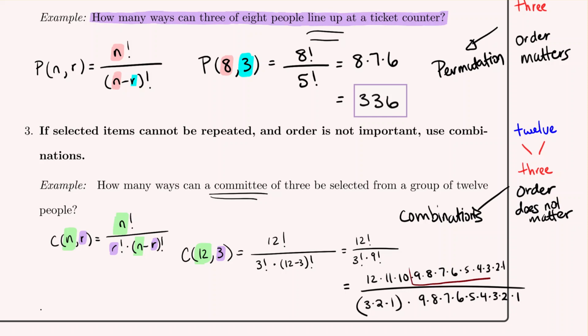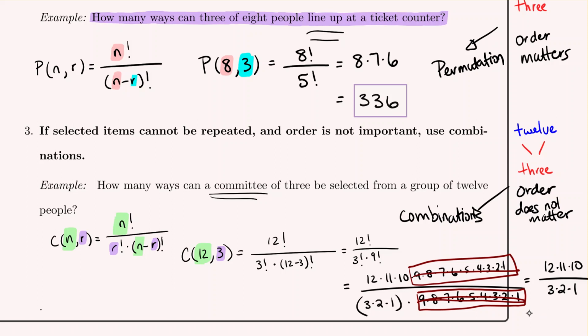We see that we have the same items above and below. The 9 factorial appears as a portion of each. Anything that's the same above and below, and there's only multiplication, will cancel perfectly to where we're only left with the 12 times 11 times 10 at the top over the 3 times 2 times 1 that didn't get canceled.